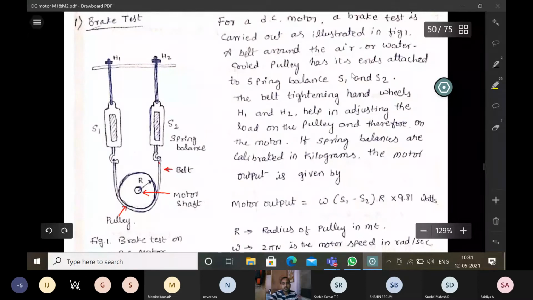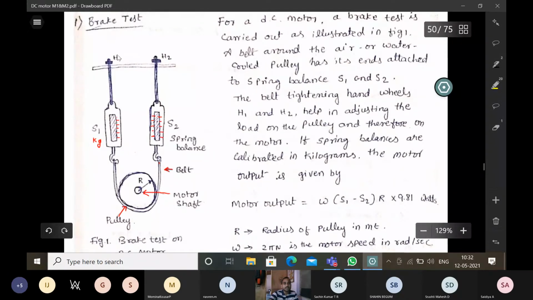The spring balance measures the load in kg. There are two spring balances, and the reading in kg is noted down, 1 kg, 2 kg, 3 kg, on the scale of the spring balance.